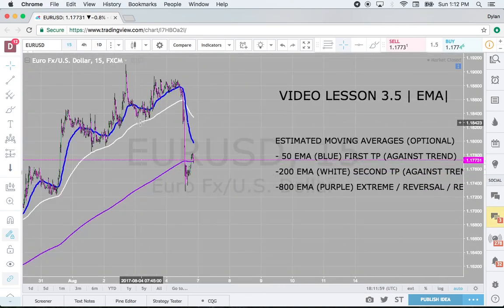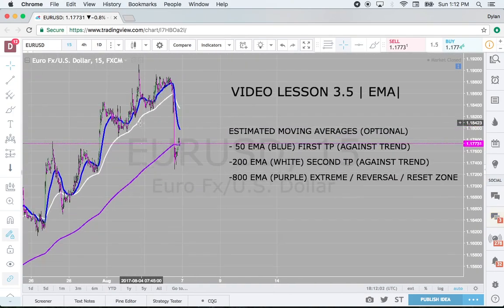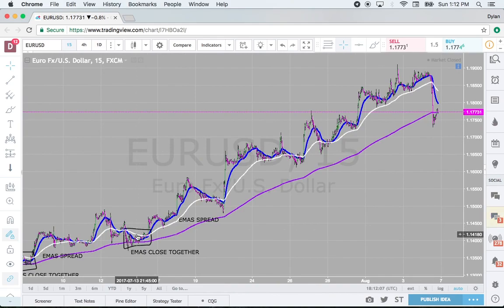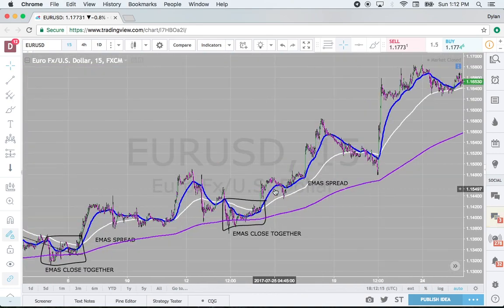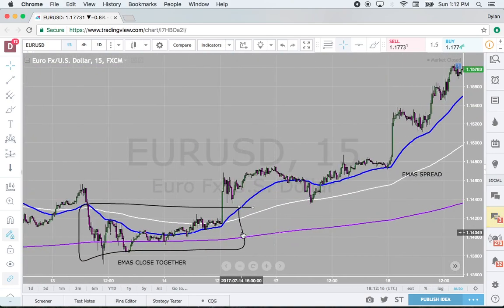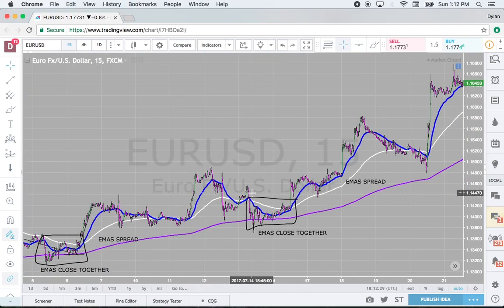So, on to the main characteristics of how these EMAs are structured and how, when they're structured in a certain pattern or a certain structure, they represent something.